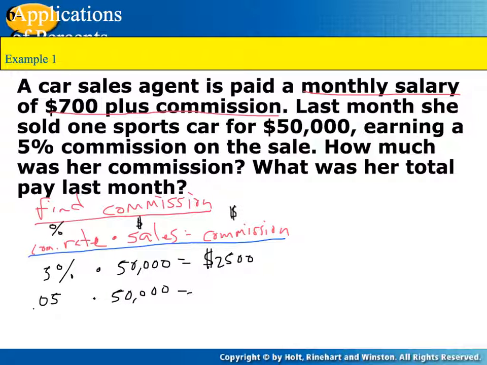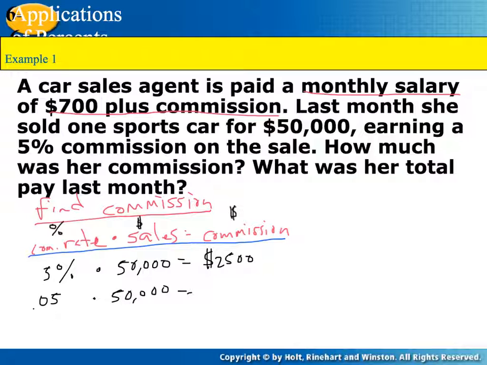If you look back up at this problem, we have $700 plus our commission. If she did nothing, didn't sell a thing, sat on her couch and did nothing for a month, chances are she'd get fired. But she gets a $700 flat fee. That's her salary, $700. But anything she sells, she gets over that $700.